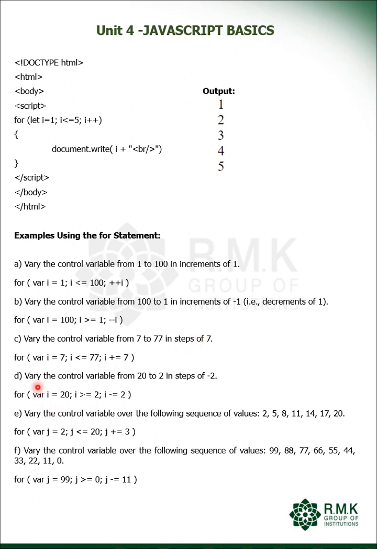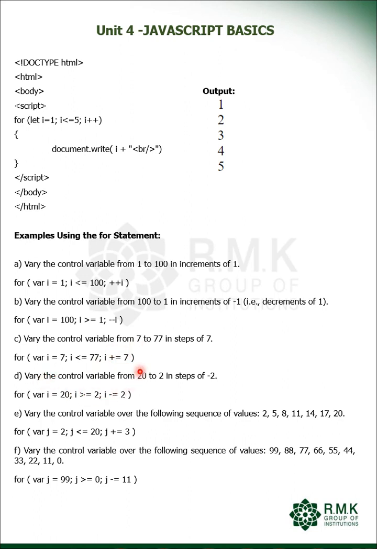From 7 to 77, it must start at 7 and end at 77, in steps of 7. It is not mandatory that it must be incremented or decremented by one value. It can also be incremented by 7. So what is the expression you have to give? i plus equal to 7. Initially i will be 7, then the next value will be 14, then 21. It will be incremented by 7.